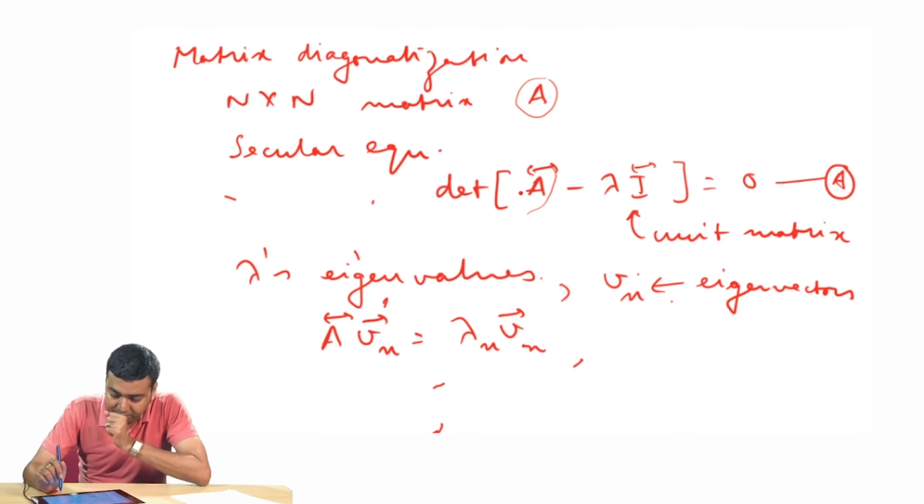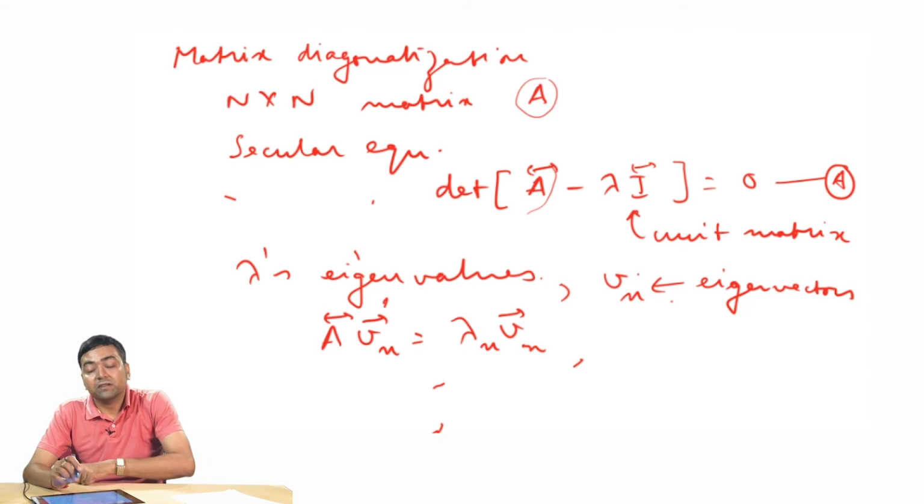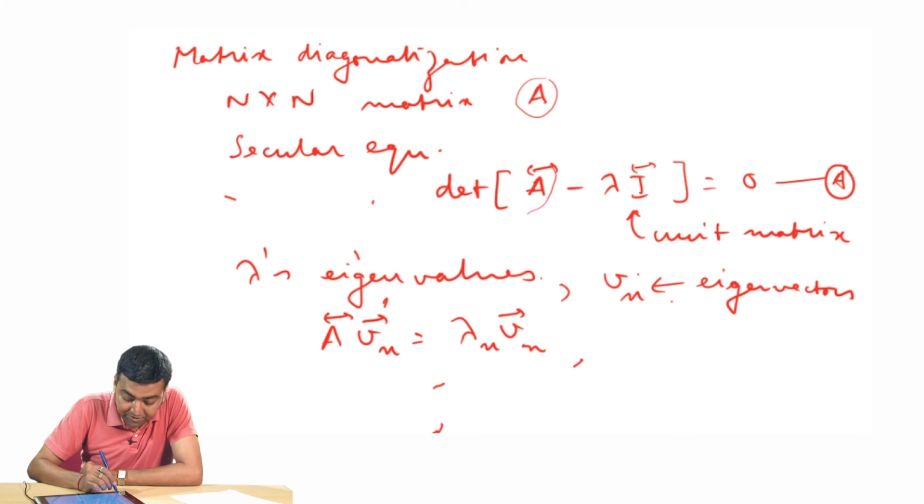So, typically people do not diagonalize the complete matrix. Rather, the diagonalization is done in an iterative fashion.